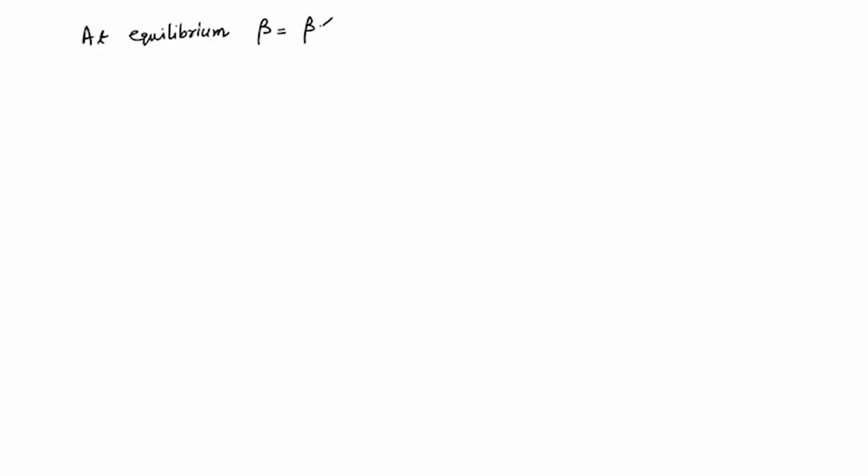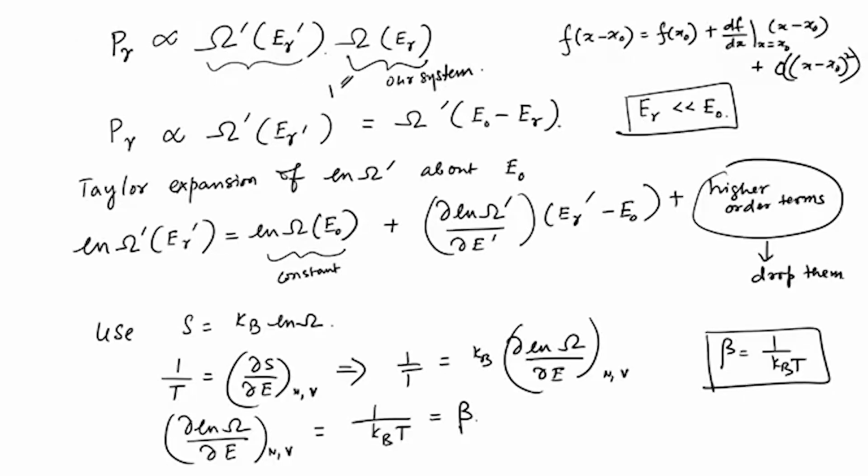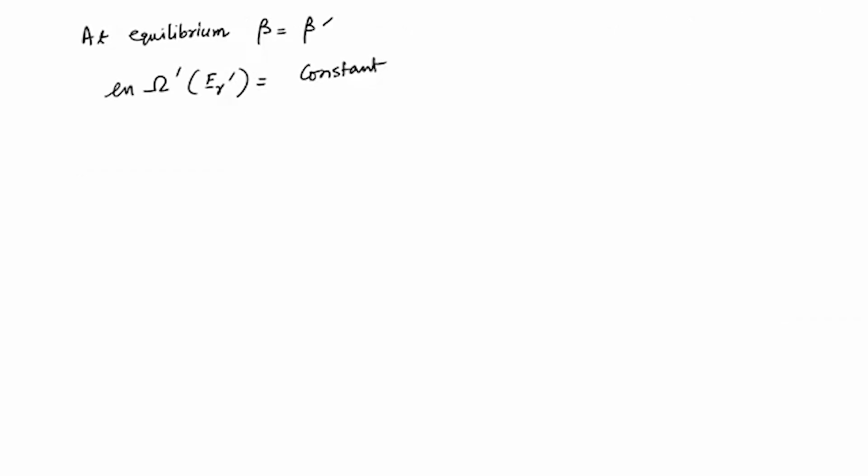Okay. So, that tells us that log of omega prime E r prime is equal to just a constant plus this thing, which is nothing but beta times E r prime minus E 0.